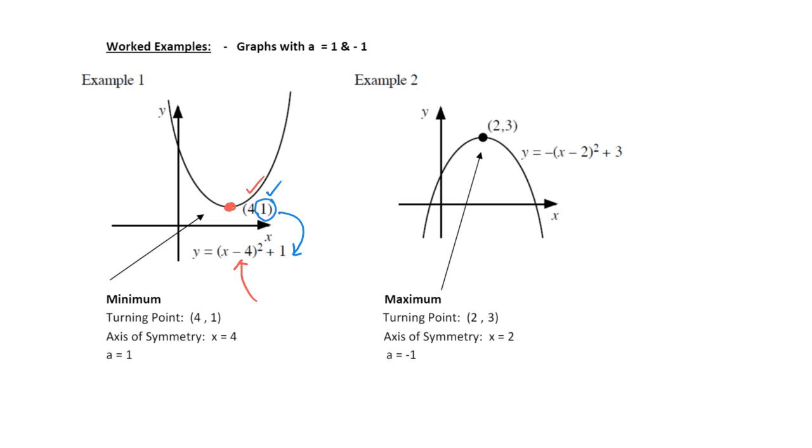This time the +1 is outside of the brackets, and that tells us that it's moved up. Now if it was negative, it would have moved down, but it's important to recognize that it's external from the brackets. The brackets are the bits next to the x that tell us the left and right movements. The stuff outside the brackets, or after the squared term, tells us whether it's up and down.